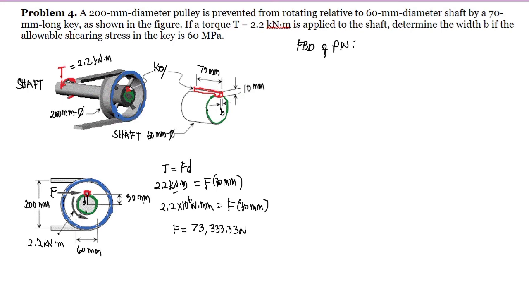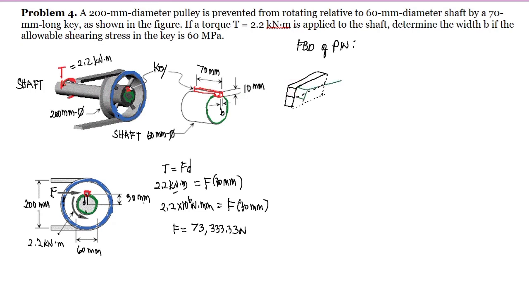Since this is acted upon by the force F, if this is the key, and we highlight it, you can see that half of the key is embedded in the shaft. Meaning, only half of it is acted upon by the force F. So this force F is the resultant of the uniformly distributed force acting on the key.